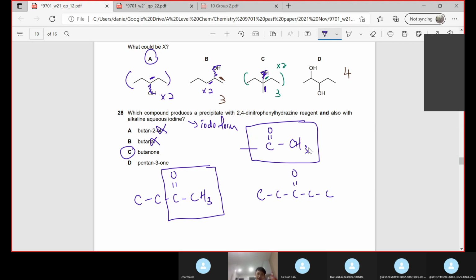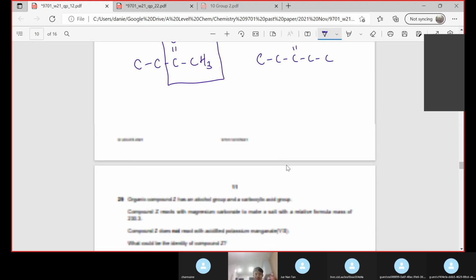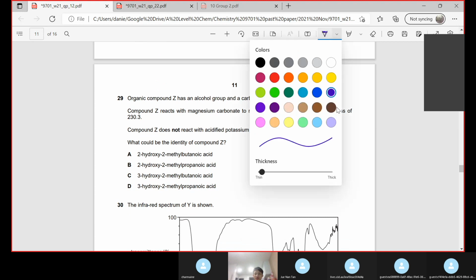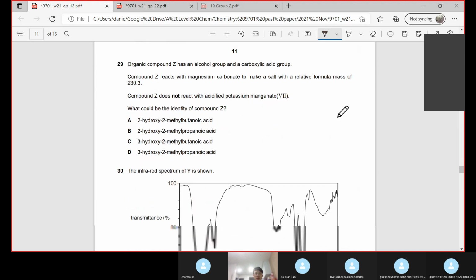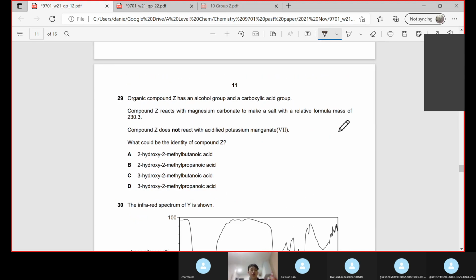Okay, 29, another complicated question. You need to be careful, as they mention organic compound Z has an alcohol and a carboxylic acid group. Then they react with what? With carbonate.